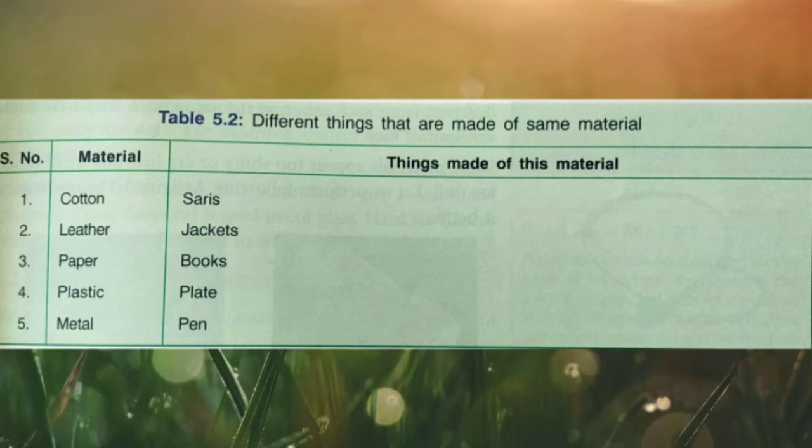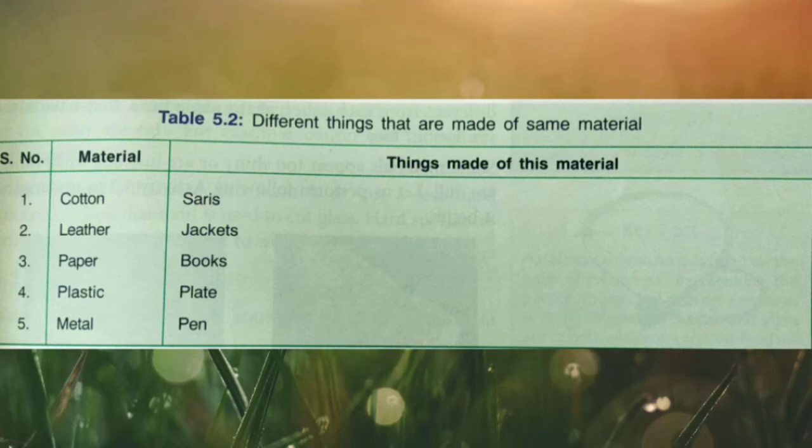So see, cotton: dress material, sari, dhoti, kurta, so many things can be made. Leather: a jacket is given, and you can guess, shoes are also there, then belt, purse. Paper: books, paper napkin, magazine, so many things can be made, so that should be included in your list. I hope you are understanding.